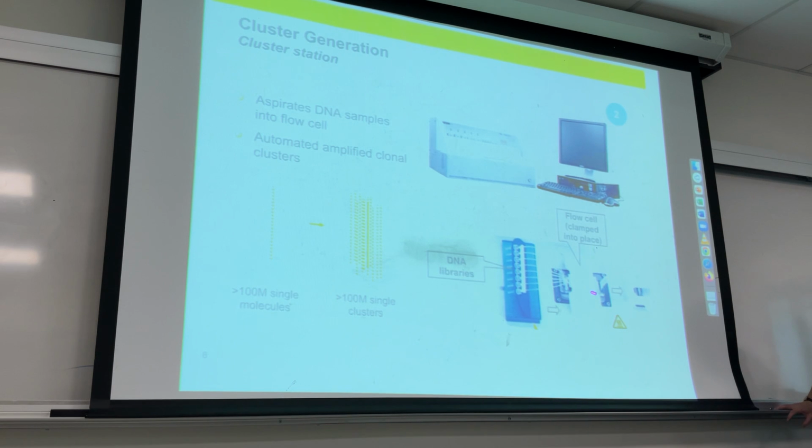There's that microscope slide flow cell right here, and you've got your DNA that you've chosen from that middle range that you're putting in here, and the machine's doing all the work for you. So you don't have to worry about adding it to the microscope slide yourself and flowing it across or anything like that. The machine picks it out of there and flows it across for you and does everything properly.